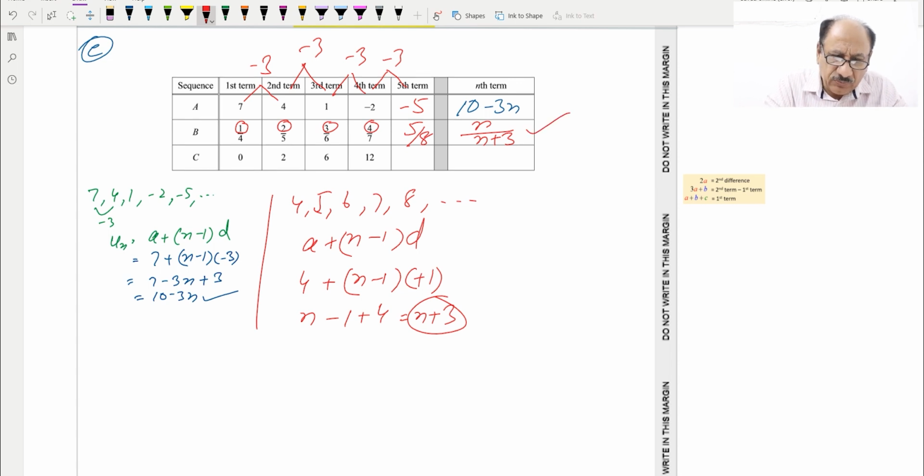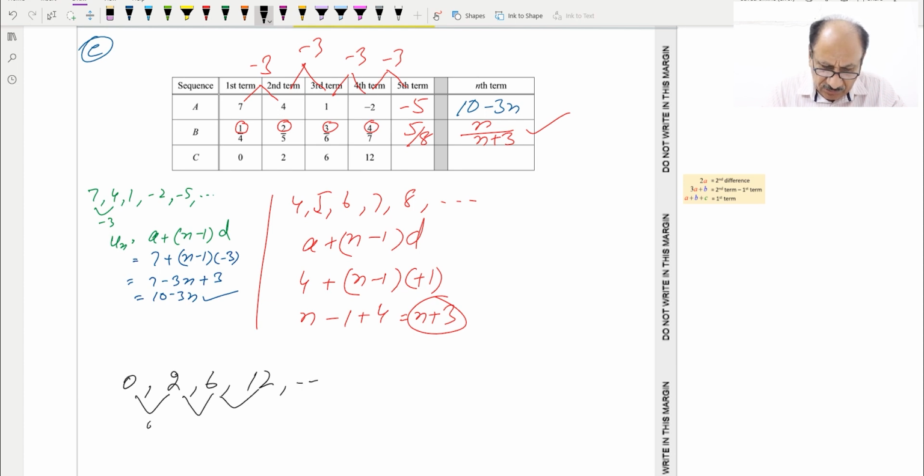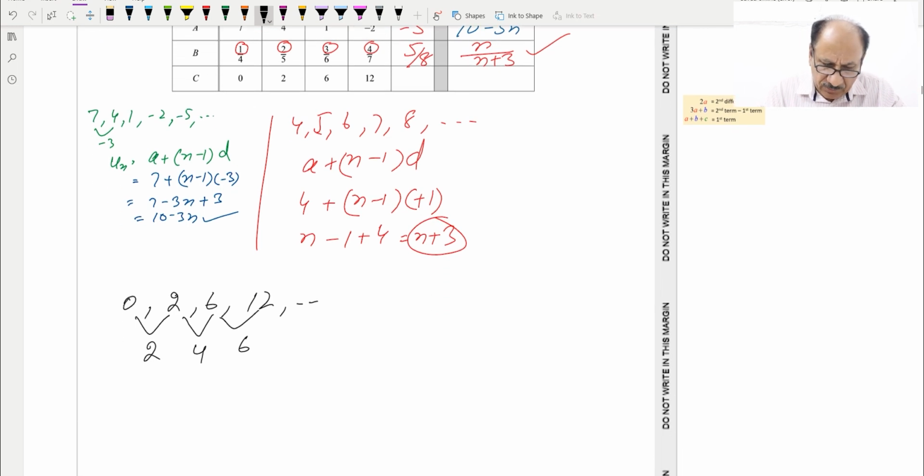Now the last one, the third one, sequence C, which is 0, 2, 6 and 12. If we check the first differences, this one is 2, this one is 4, this one is 6. So the first difference is not the same, but the second difference is 2 and 2.